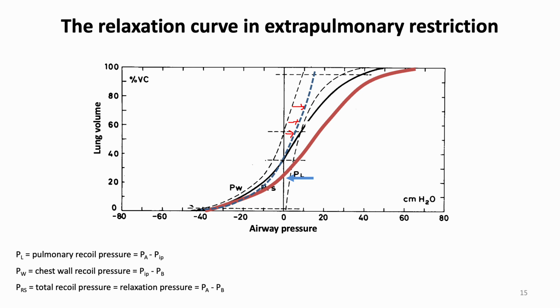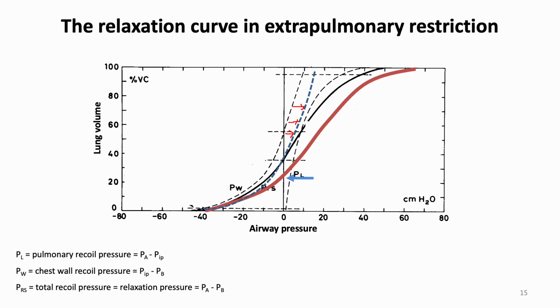This basically just shows that the elastic recoil pressure of the chest wall has increased, or perhaps more accurately, that compliance of the chest wall has decreased, which may indeed be a mechanism of extrapulmonary restriction, not the only, but an example of that. The point here is that the total recoil pressure line here is, as always, the sum of the two other lines.